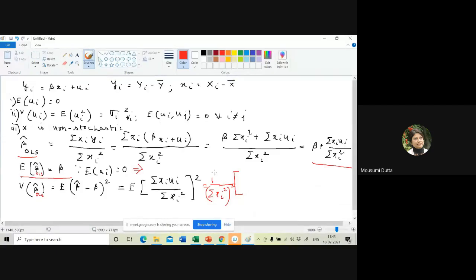So if I write the thing, it will be summation xi square, since I am at the same time operating the expectation.